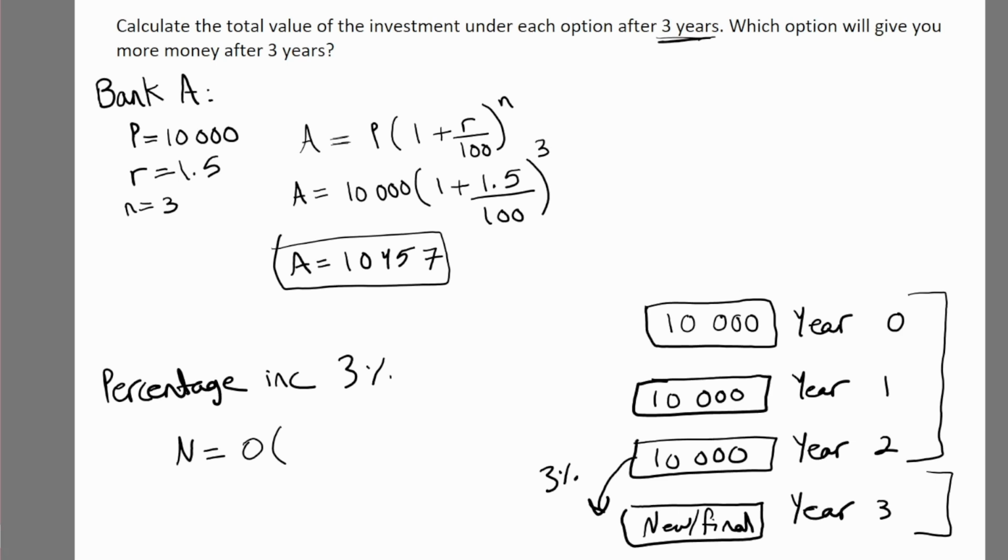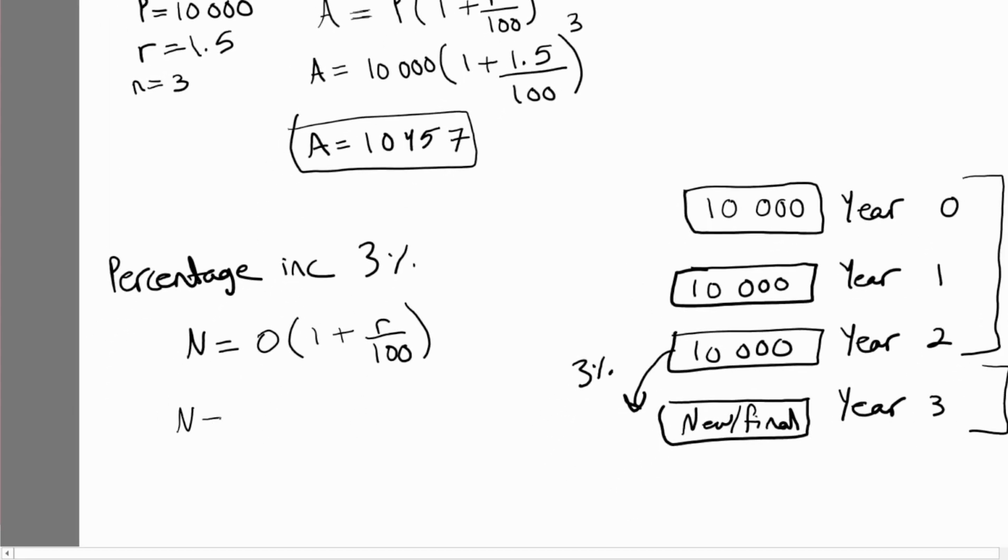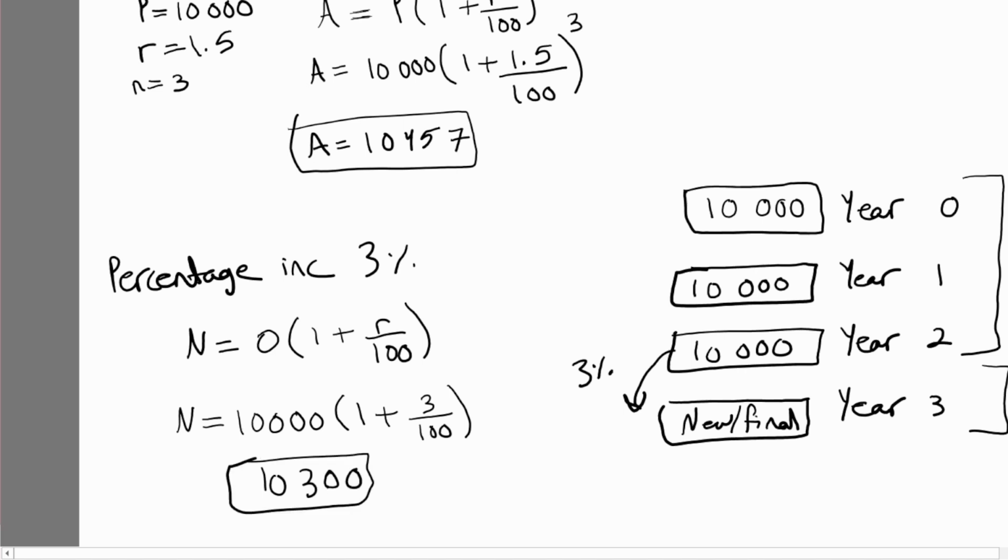And so the new amount of money is 10,000 multiplied by (1 + 3/100). You plug this on the calculator and you should get 10,300. This is your final amount after 3 years.